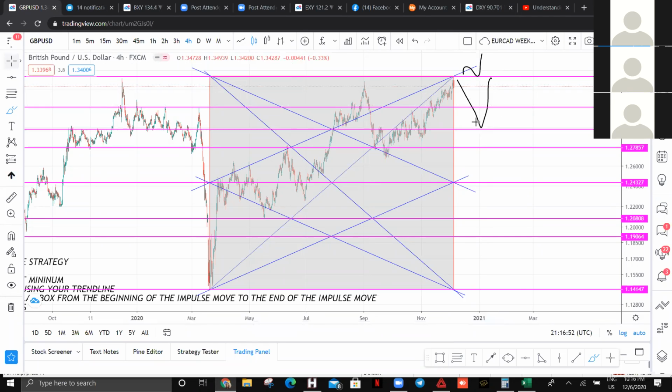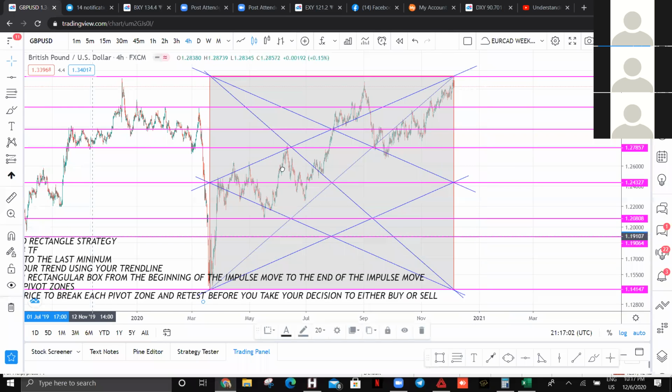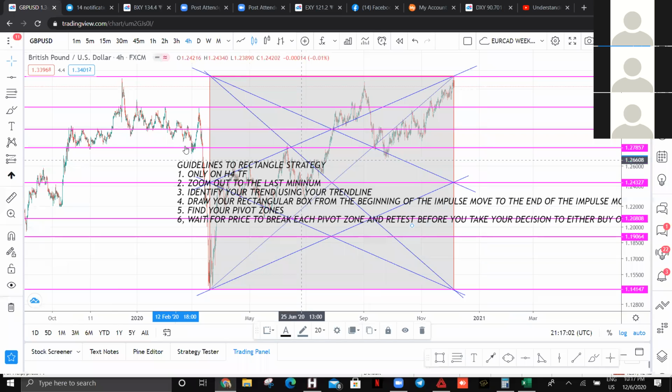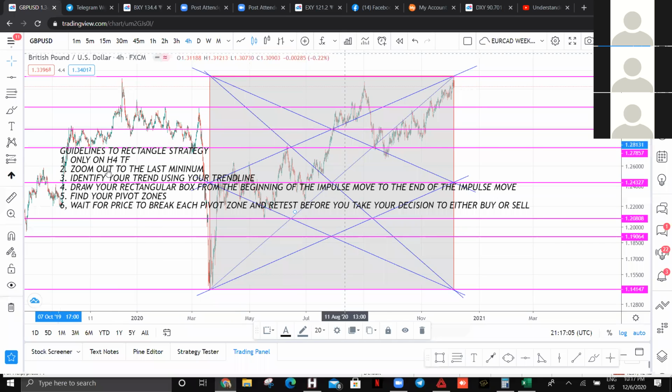Let me delete this. So this is how the rectangle strategy looks. First, you identify, let me go back to this. It's drawn on H4. You zoom out to the last minimum, identify your trend using your trend line, which is what we did. The first trend line from here to this place.